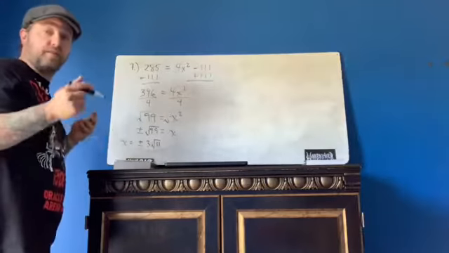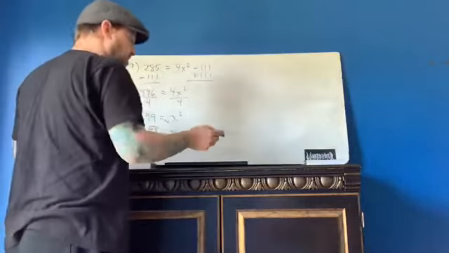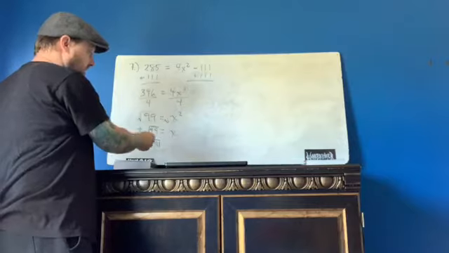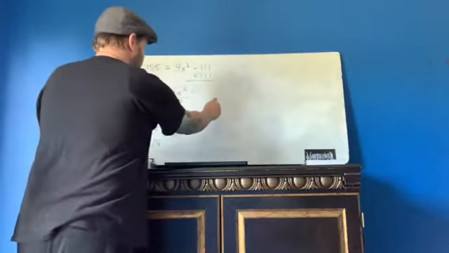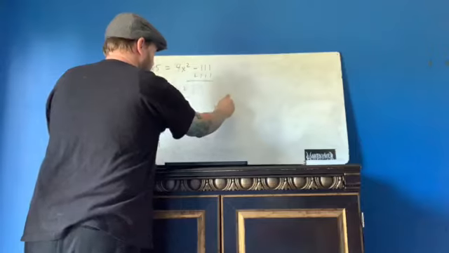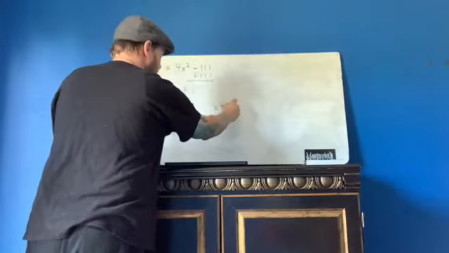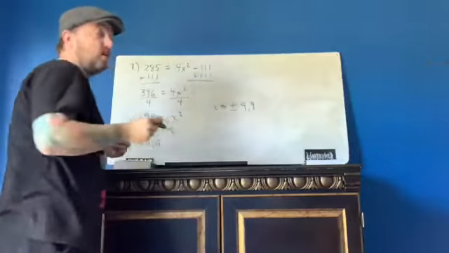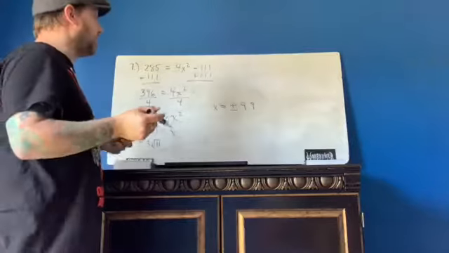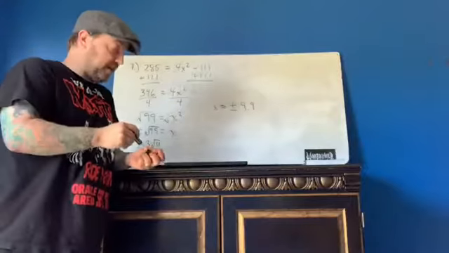That's the exact answer. If you want the approximate answer to the nearest tenth, 3 times root 11 is going to be, x is approximately plus or minus 9.9, or x is negative 9.9, x is positive 9.9.